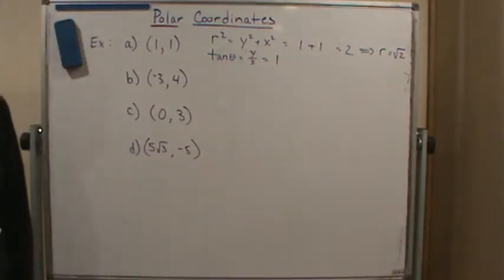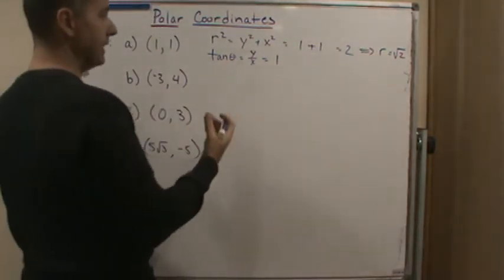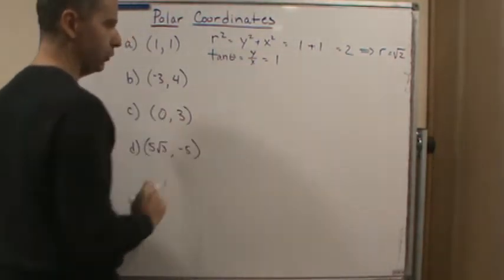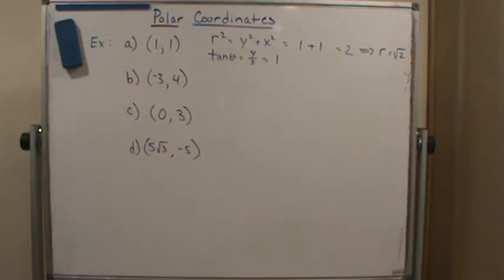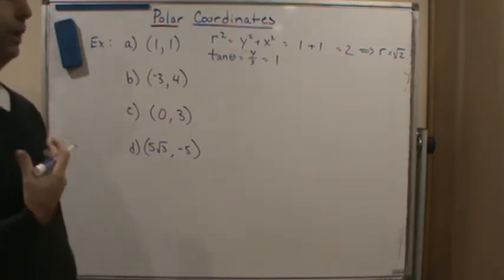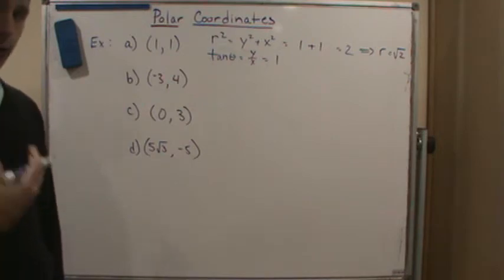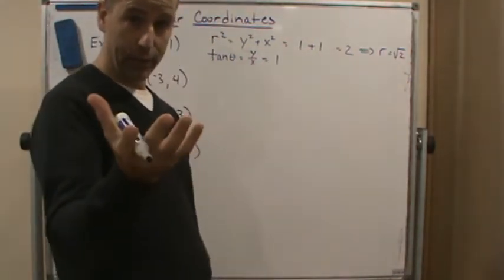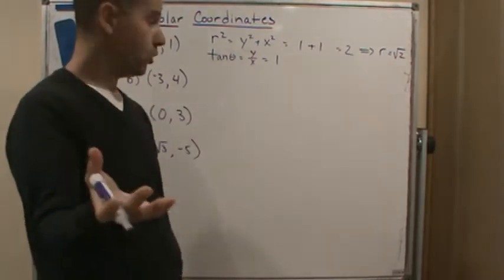We have to ask ourselves, the tangent of what angle equals 1? Tangent is opposite over adjacent. So the tangent of what angle gives us 1? Well, a 45-degree angle, which in radians is pi over 2.